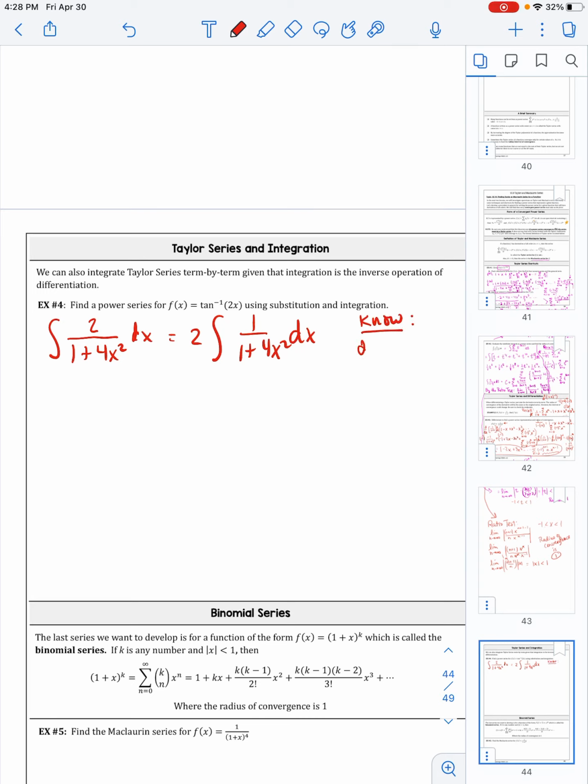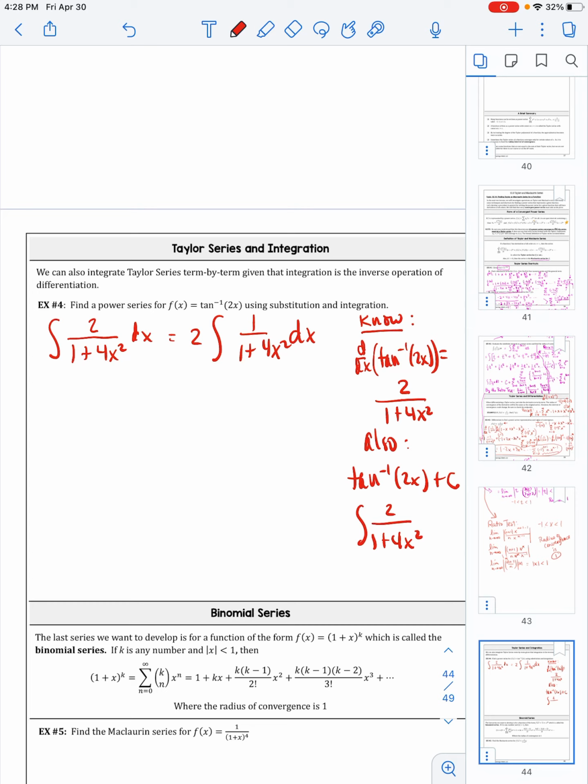And so if you bring your 2 on the outside, integral 1 over 1 plus 4x squared dx. So remember, you need to know and recall that the derivative of inverse tangent 2x is equivalent to 2 over 1 plus 4x squared.